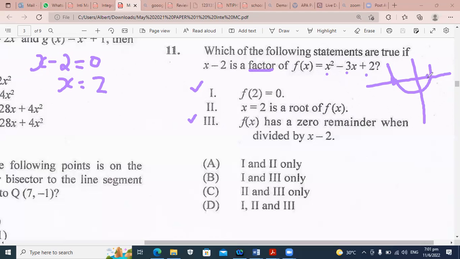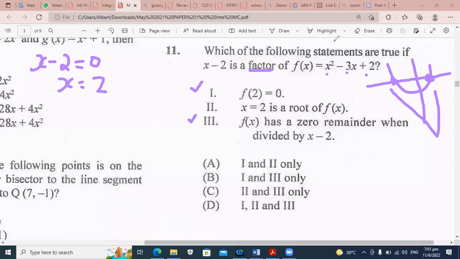Where the curve crosses the x-axis, those values are called the roots. Like the 5 and -2 a while ago, that's another name for the solution between the curve and the x-axis: the roots of the equation. Now, what they're saying is that x equal to 2 is a root.